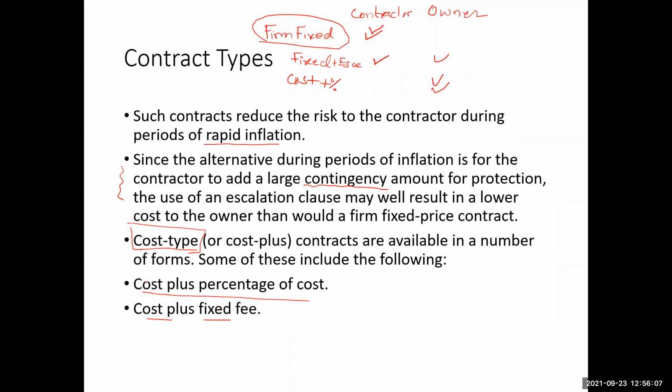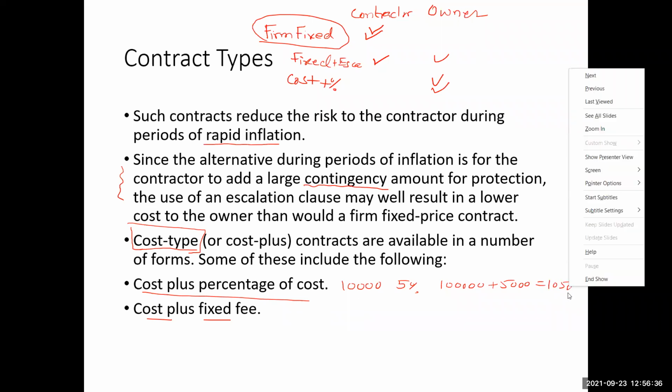So for example, in the previous case, if the cost was $100,000 and the percentage fee was 5%, the owner will pay $100,000 plus 5% of that, 5,000. So the owner will pay 105,000.